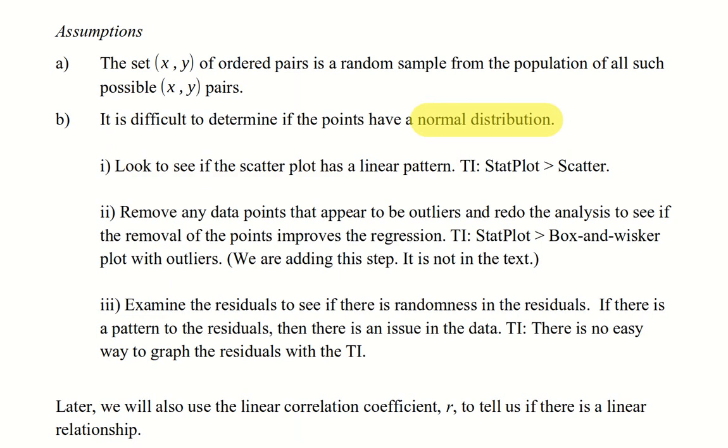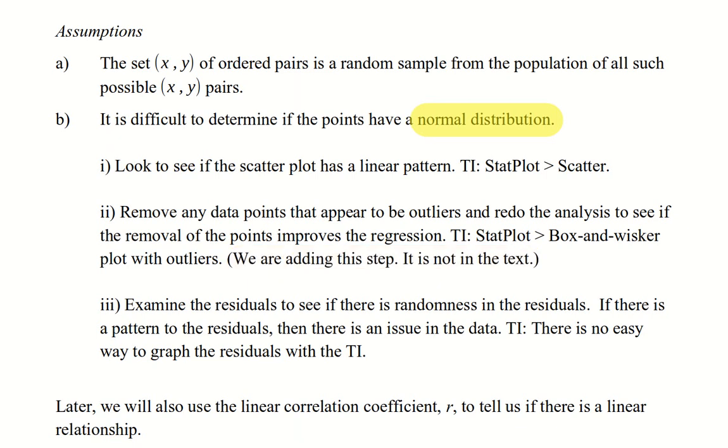Now, the next thing that I'm going to talk about is something we're going to do because it's easy for the calculator to do, and because it makes our answer that much closer to accurate. This is not in the text. This is a step that we're adding, and that is to eliminate outliers.